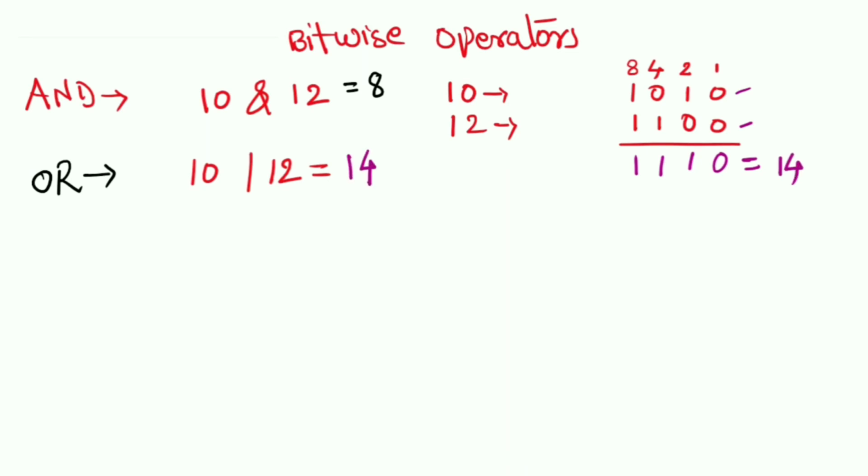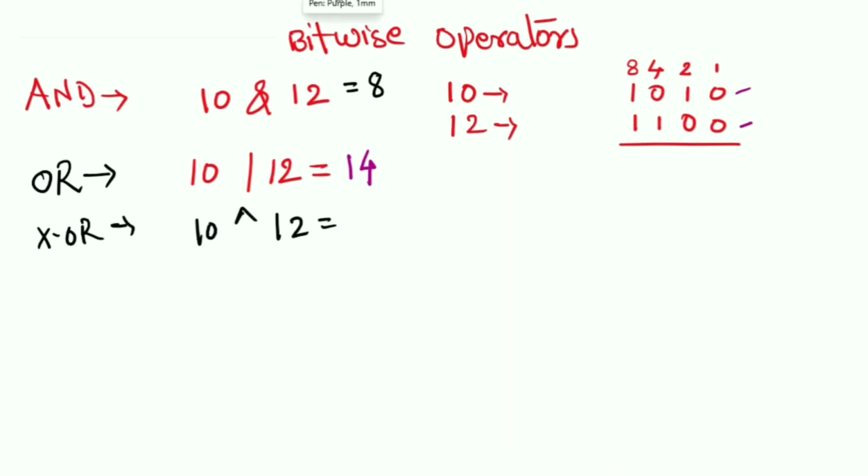The next one, if I want to talk about the XOR operation, 10 XOR with 12, what will be the answer, that we will check. Let me wipe this out. Already the binary representation of 10 and 12 I have written here. Let me check the XOR operation. So 0 0 will be 0.